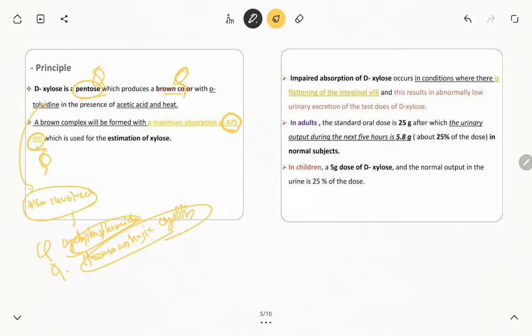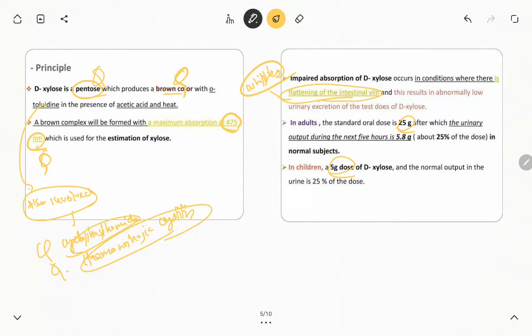Next, if there is impaired absorption of xylose, then it shows that there is some pathology with your villi, due to flattening of intestinal villi, and this results in abnormally low urinary excretion. In adults, the standard oral dose is 25 grams, and in children it is 5 grams.